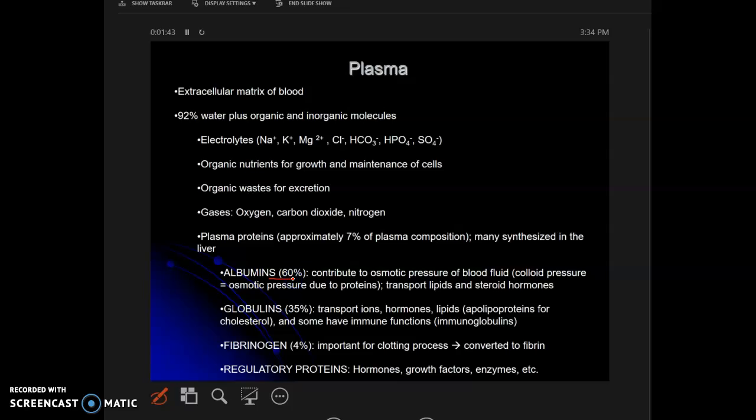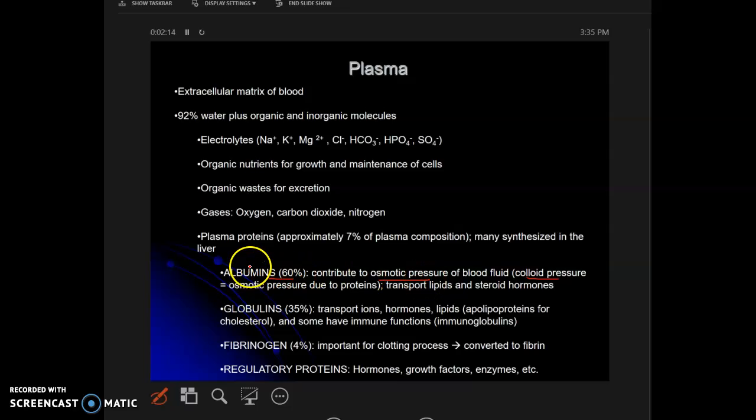Albumin is the most common, 60%. And it contributes to what? Osmotic pressure. Now this is a good time to review what osmotic pressure is, because you'll be needing this in unit 4 when we'll talk about the kidneys. All right, but this is basic information. Albumin provides the colloid osmotic pressure. So here this will allow water to enter the blood vessels because of osmosis.